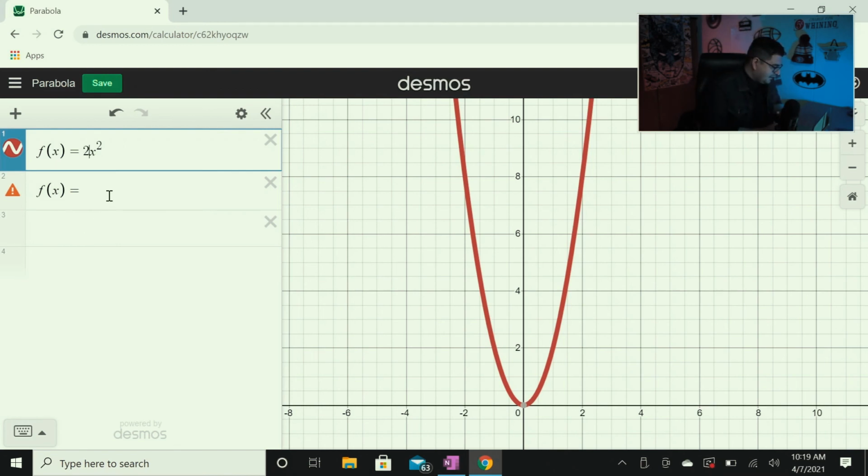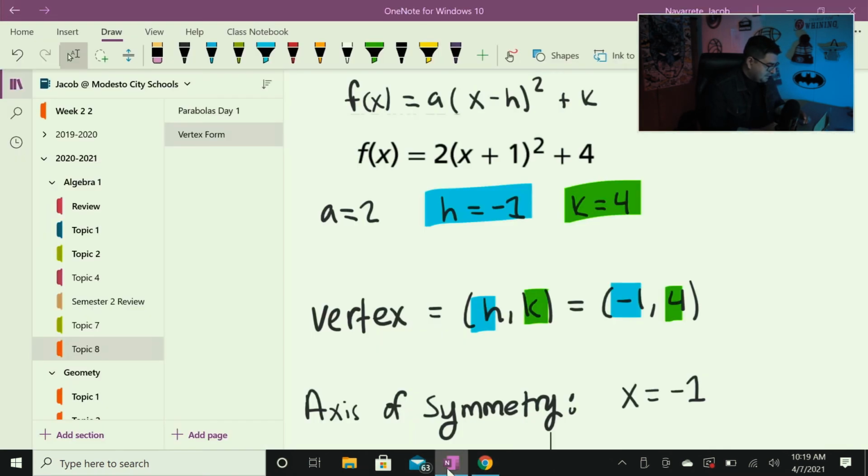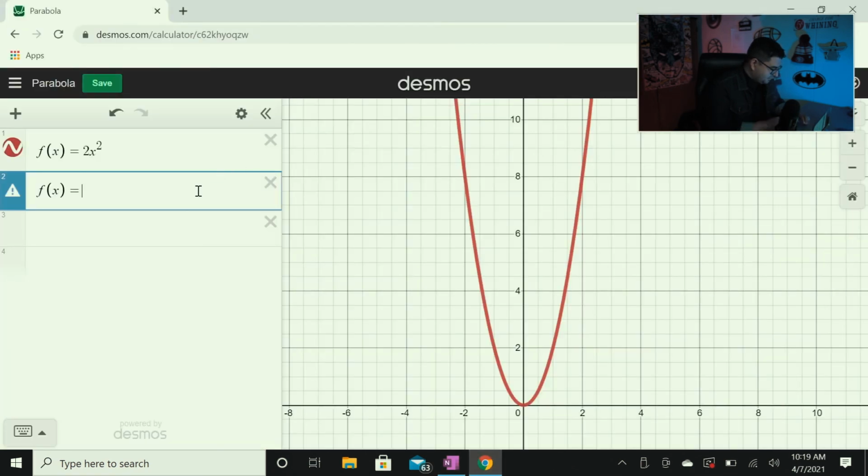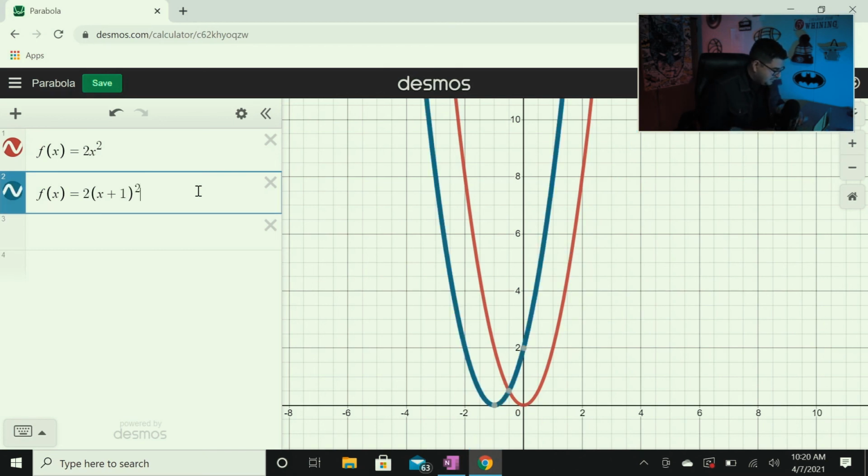Now let's actually graph the equation that we have, which was, again, 2(x + 1) squared plus 4. So we're going to do 2 times (x plus 1), and we're going to square this. You can do shift 6, that'll allow you to get to the exponents. And then we're going to do plus 4.